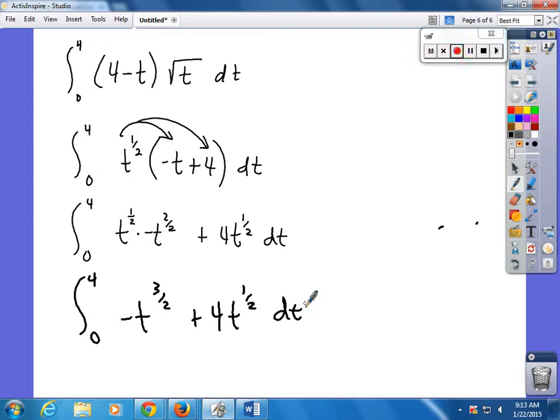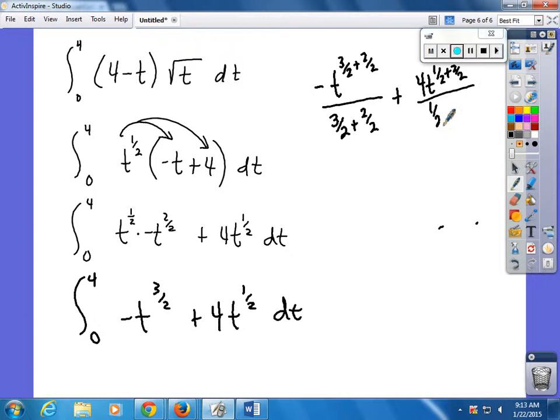So that's going to be negative t to the 3/2 plus 2/2 over 3/2 plus 2/2, plus 4t to the 1/2 plus 2/2 over 1/2 plus 2/2, evaluated at 0 and 4.